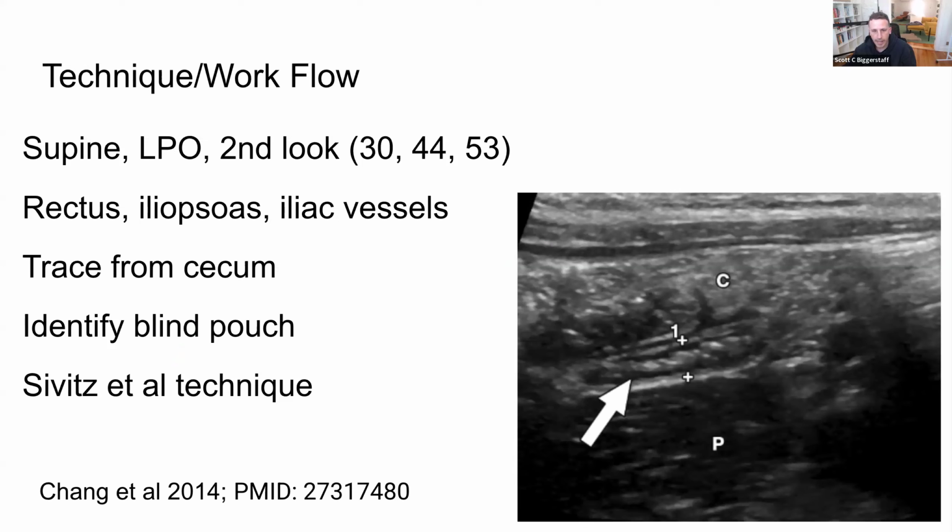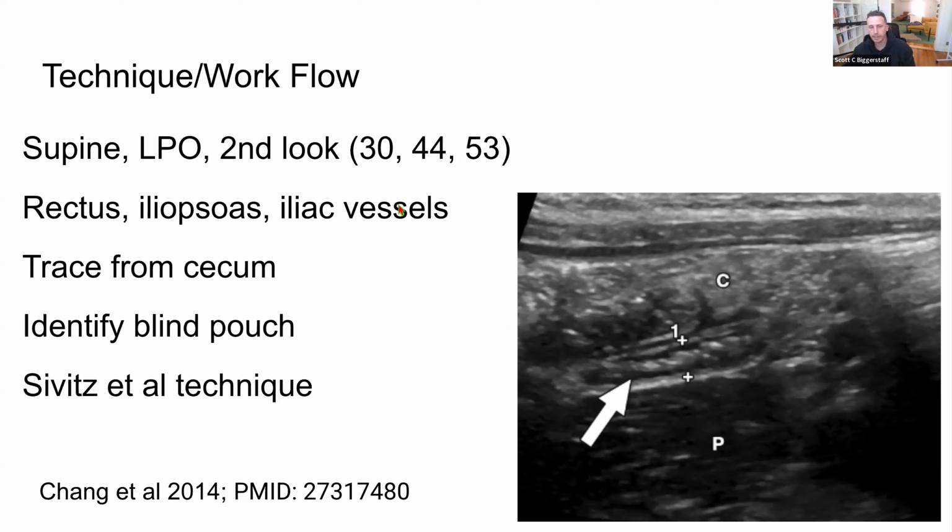The technical aspects of an appendiceal ultrasound involve looking in the right lower quadrant with the patient supine. It's tough if the patient has eaten or had something to drink recently because bowel gas often obscures your view. But I found this protocol advocated on the Radiopaedia website, from an article by Chang et al. from 2014.